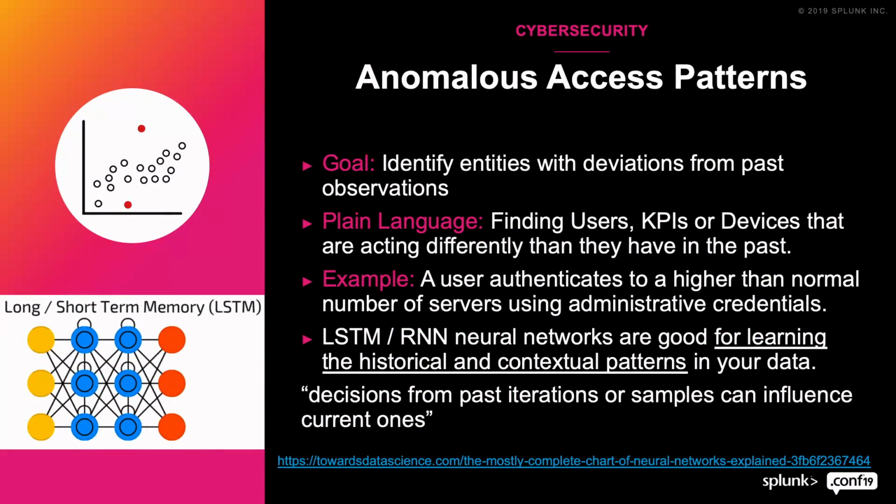So what does an anomalous access pattern look like? If we want to identify entities with deviations from their past, so users or KPIs that have changed over time, LSTM is really good at doing anomaly detection and forecasting.